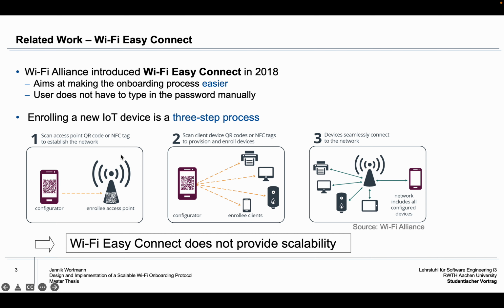In the next step, the user has to use the smartphone to scan the QR code on the IoT device, which usually contains some cryptographic keys to encrypt the Wi-Fi password. And it's also sent to the IoT devices via Bluetooth or Wi-Fi. And in the last step, these devices are able to decrypt the credentials and connect to the Wi-Fi access point using the Wi-Fi credentials. But clearly, the Wi-Fi Easy Connect protocol doesn't provide scalability because devices still have to be added one after another.